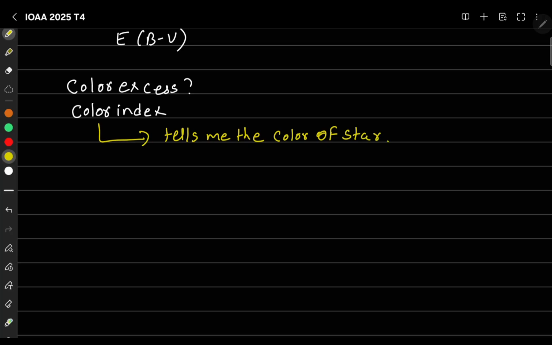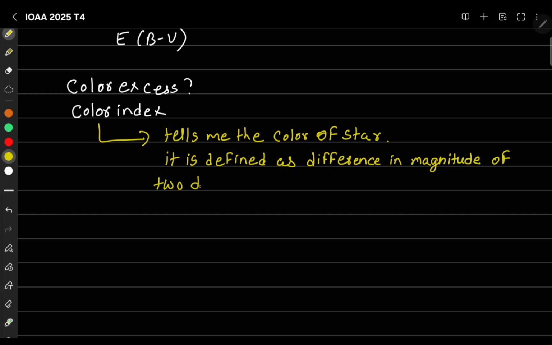It is defined as the difference in magnitude when observed in two different filters.